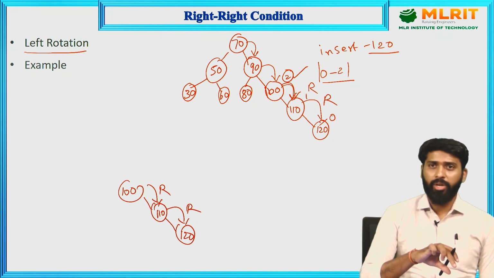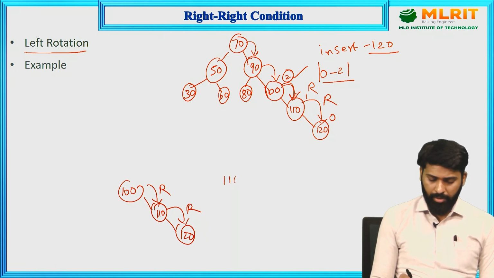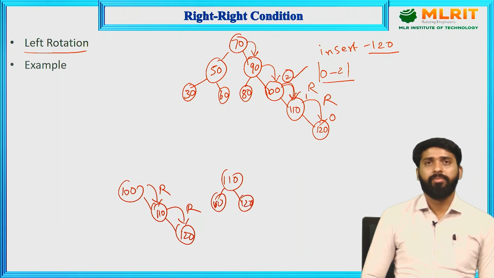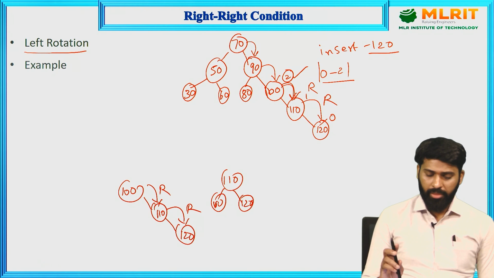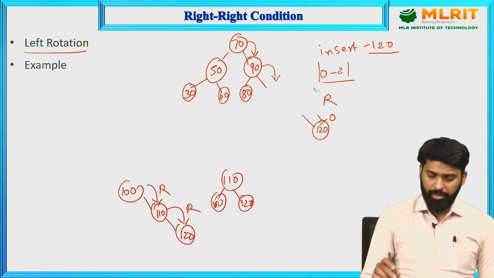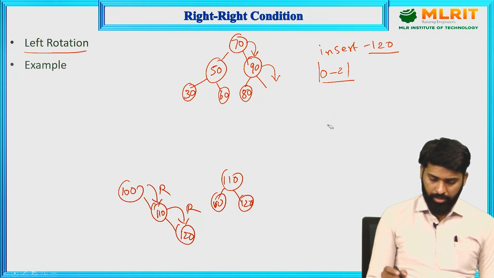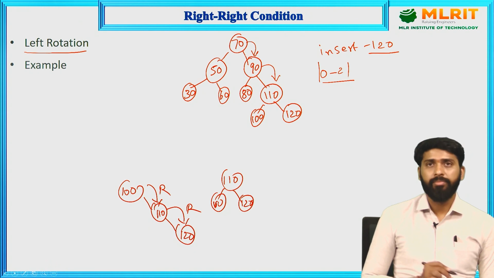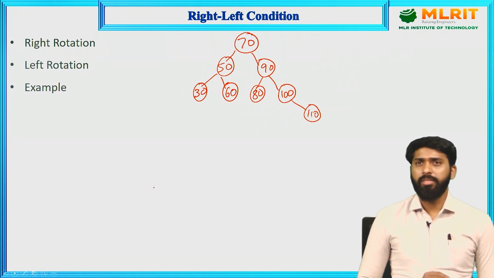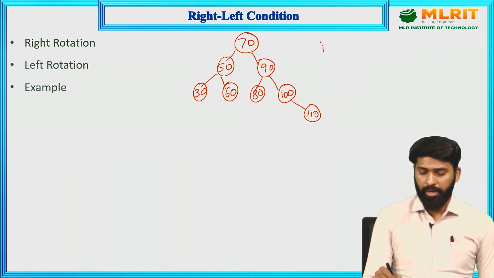Once we rotate to the left side, it becomes 110, 100, 120. That's it. Now the tree will be changed as 110, 100, 120.